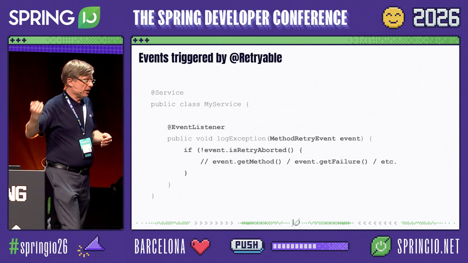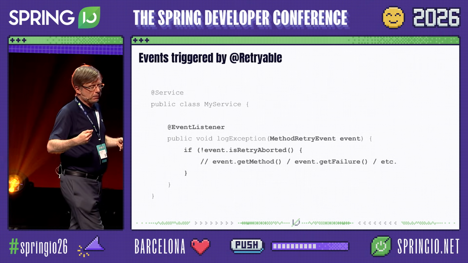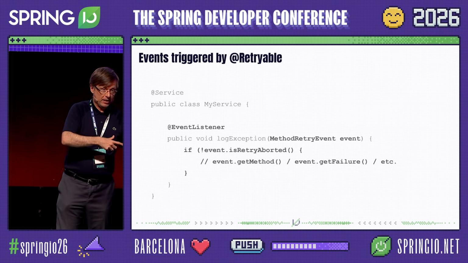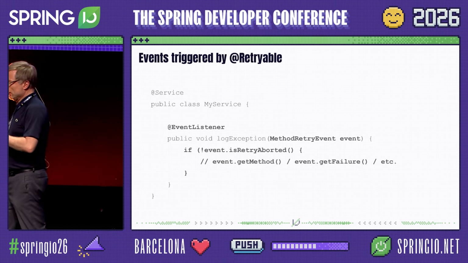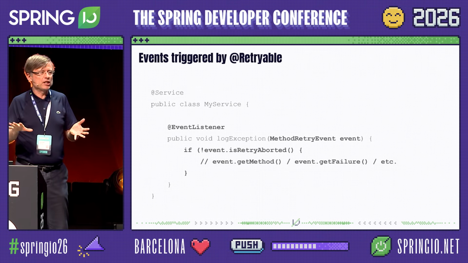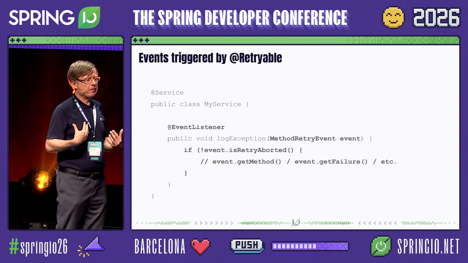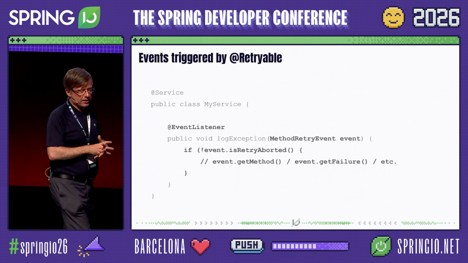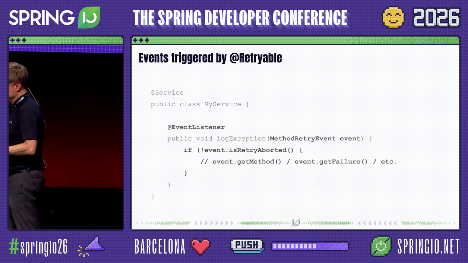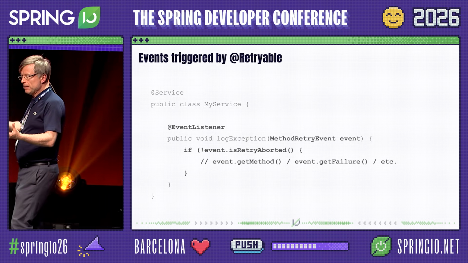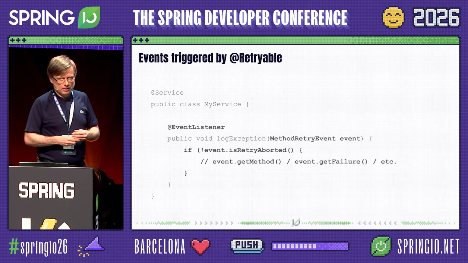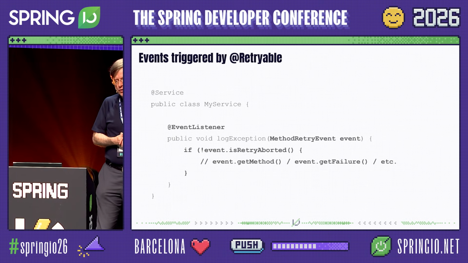Every time a retriable method fails, it publishes a method retry event, which is an extension of method failure event, where it makes general sense to have a listener for it and just log it specifically, because it's a little out of the ordinary for that to happen on methods that you declare. And method retry event itself exposes some of the state, so you can reason about what failed, if it's already the final step that failed, or if it's an intermediate failure, and just log it accordingly.